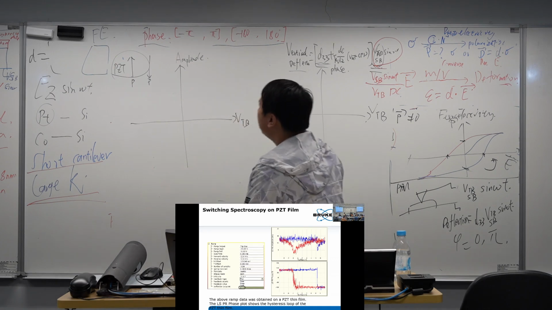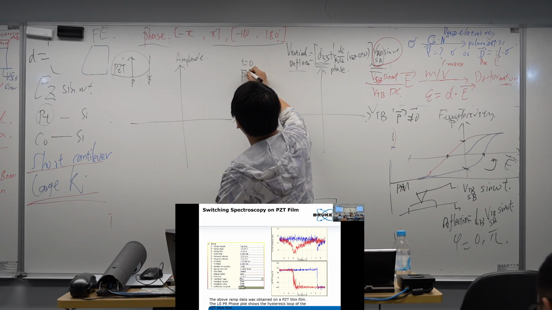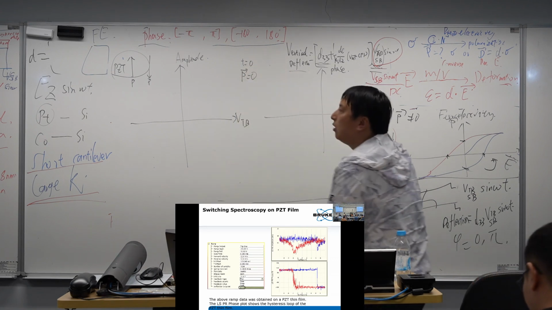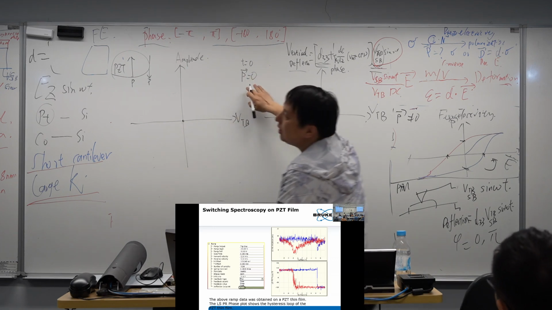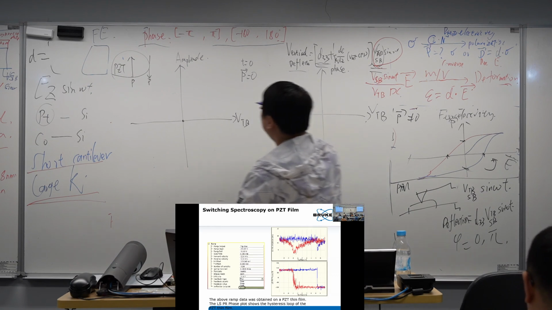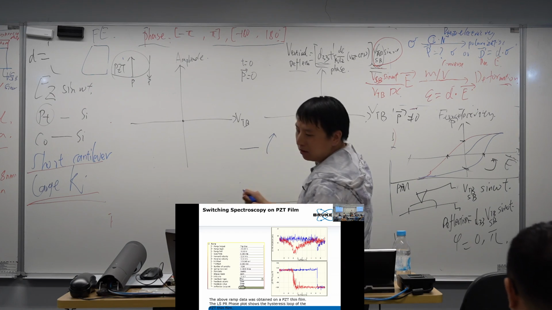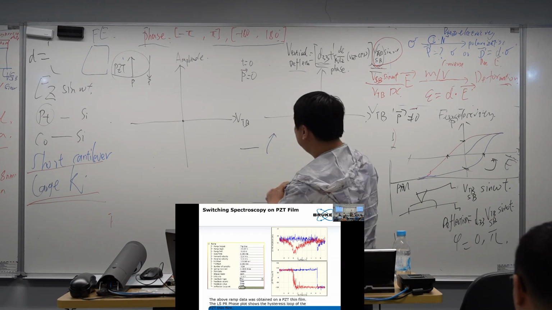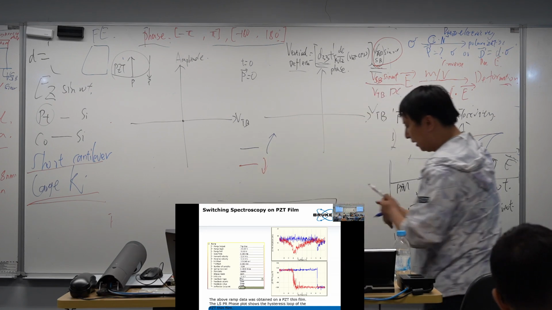The PZT, again, at time 0, the total P is 0. So my starting point is here. The total P is 0. I'm sorry again, this blue means increase, and the red means decrease.